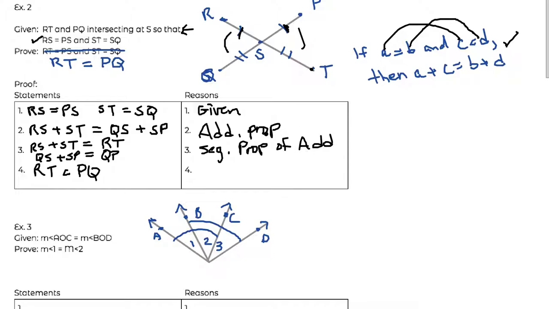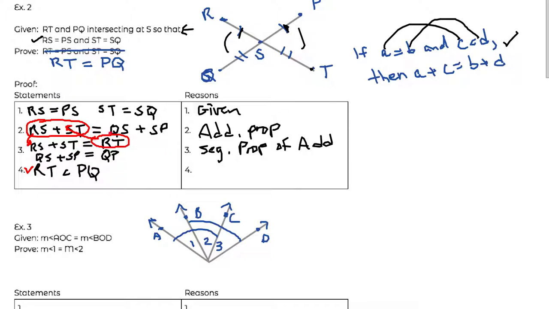Now, the final step is just plain old substitution. You can see how RS, ST, and it's right down here, equals RT. So I can basically take this and put it up where that is, and that's right here.